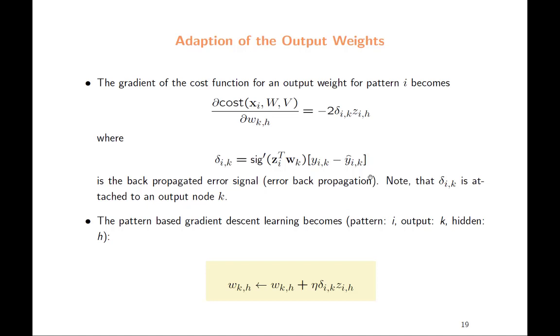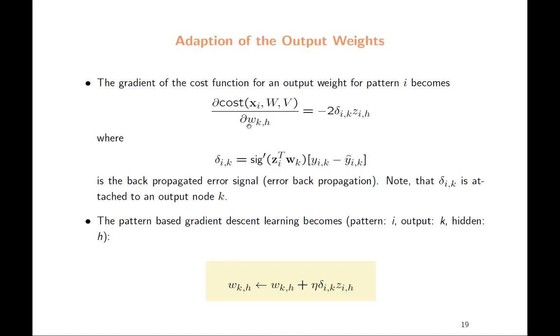So first, let's look at the gradient for a W. This is from hidden unit H to output unit K, and we're calculating the gradient of the cost function with respect to this parameter.